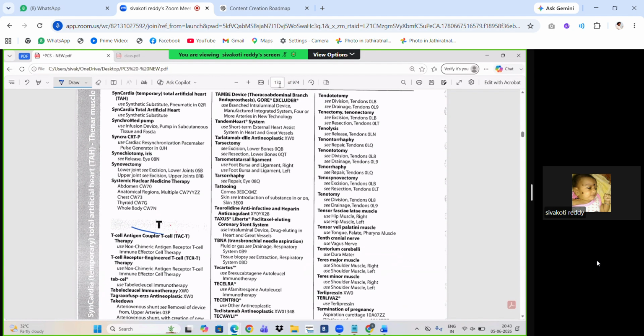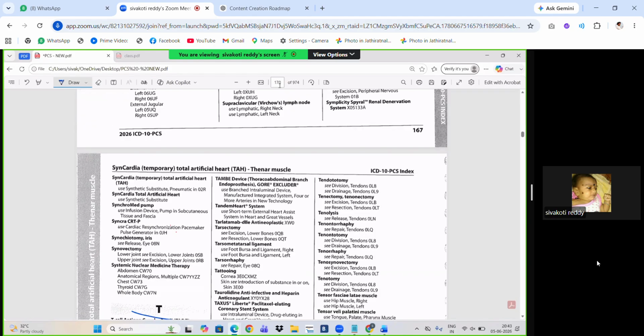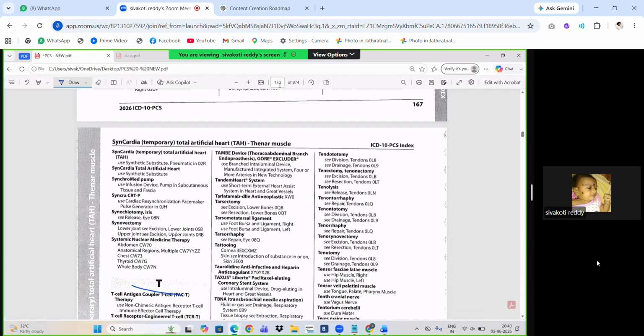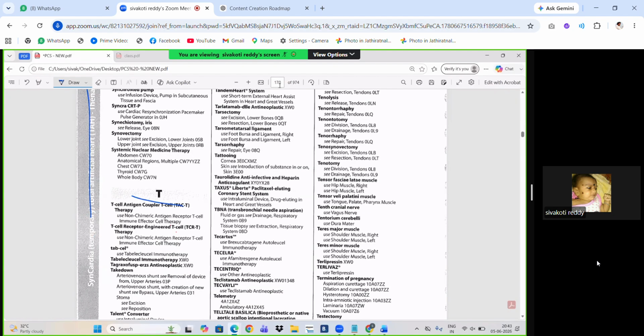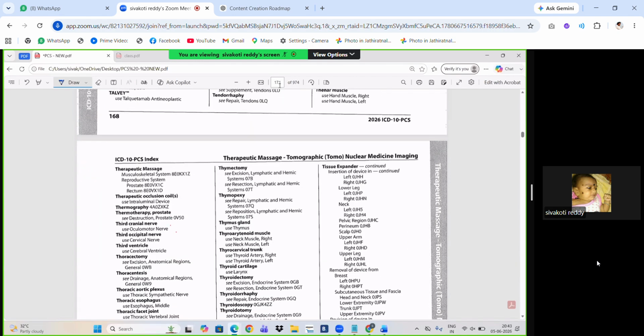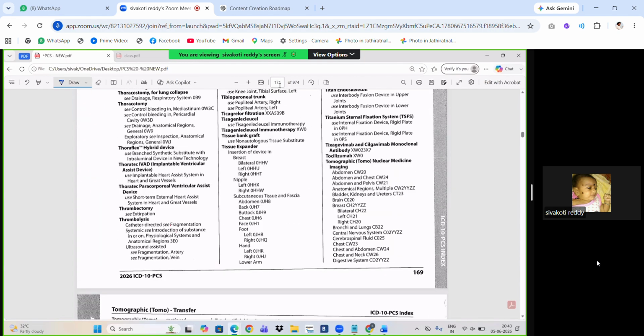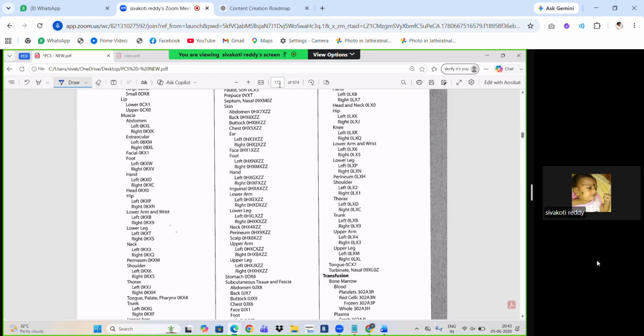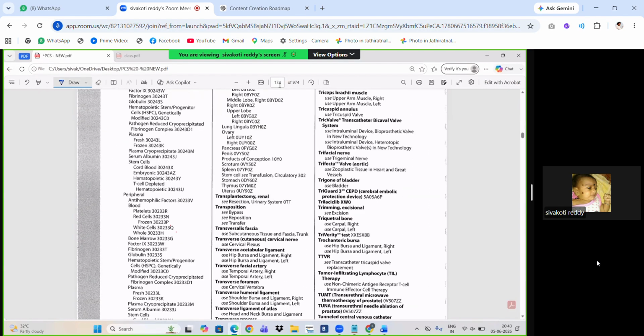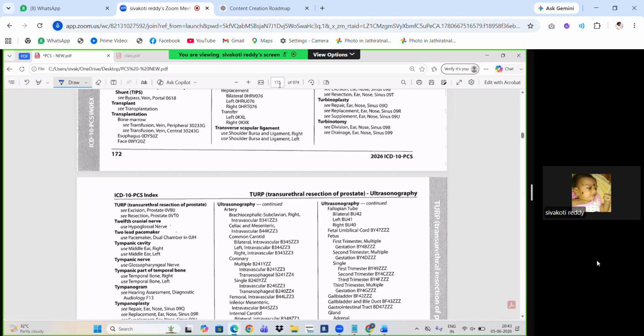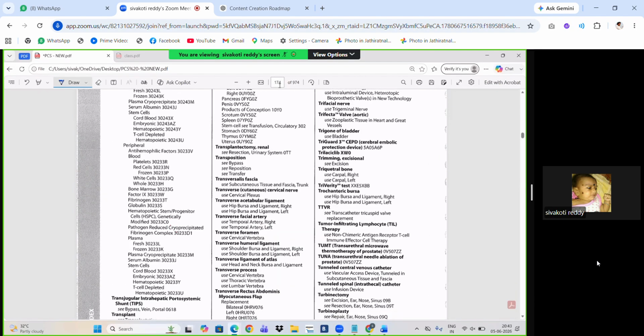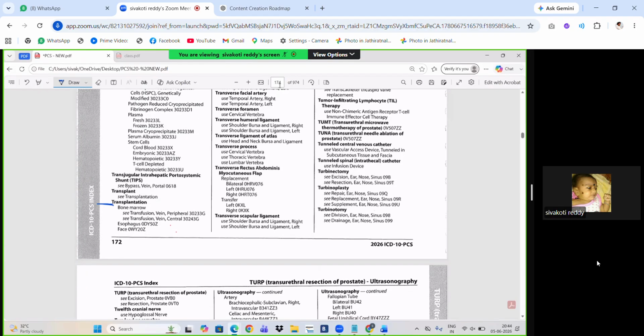T series. So under T series, TRA. At the top you will get, guys, the values, the numbers on the particular page. Here therapeutic, up to transfer, transfusion, transplantation. Correct? Transplantation heading we can find.